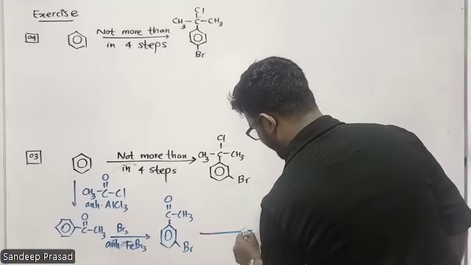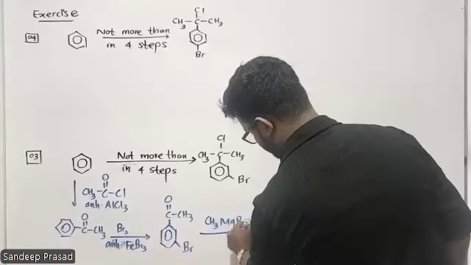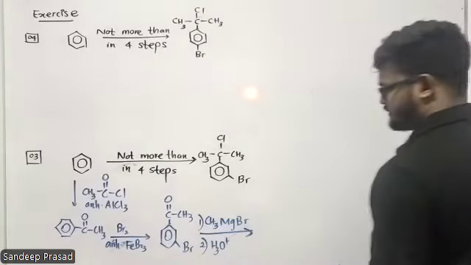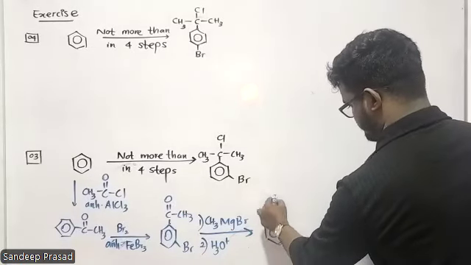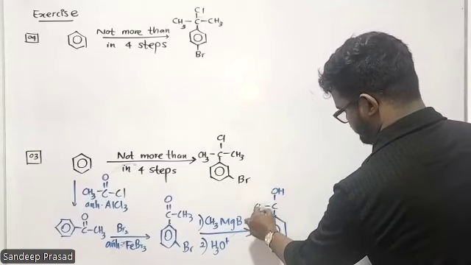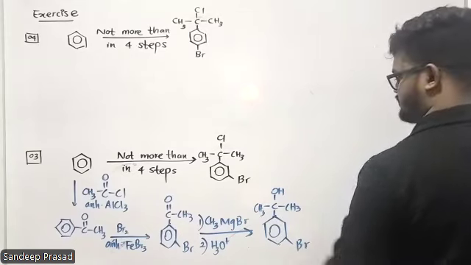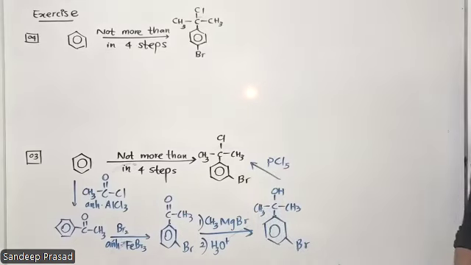Then for this one, we can add CH3MgBr, H3O plus. And here, PCl5. Right?